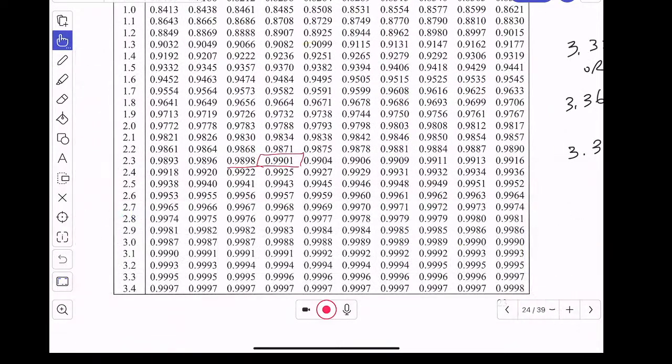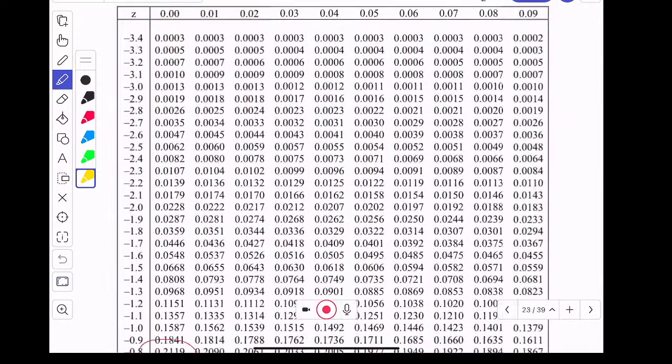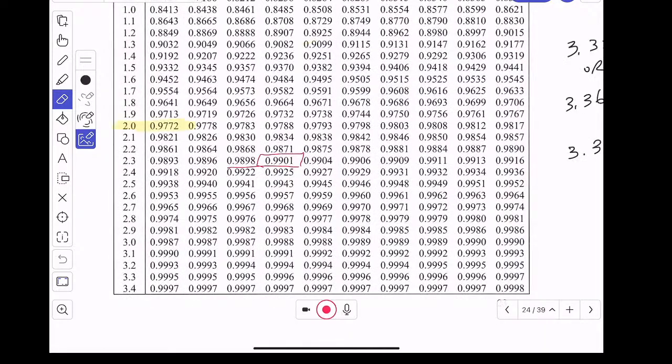So we'll get them at the same time. Let's see. -2, so 2 is 0.9772, and -2 is 0.0228. Now you should remember these. We actually worked with these before as well. So 0.0228 and 0.9772.